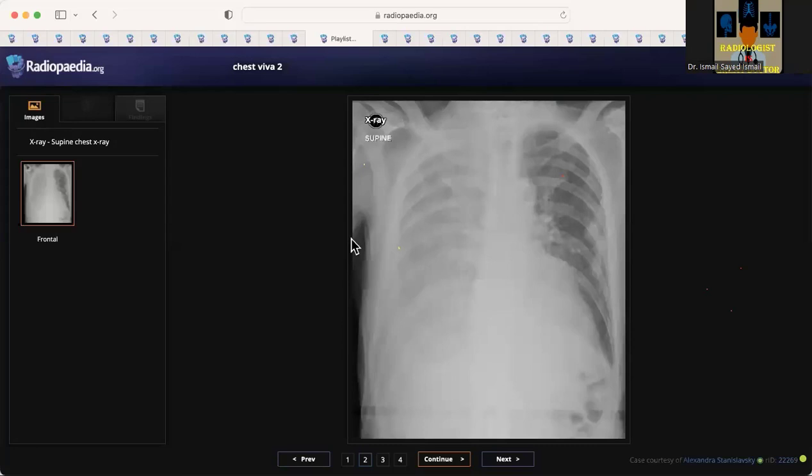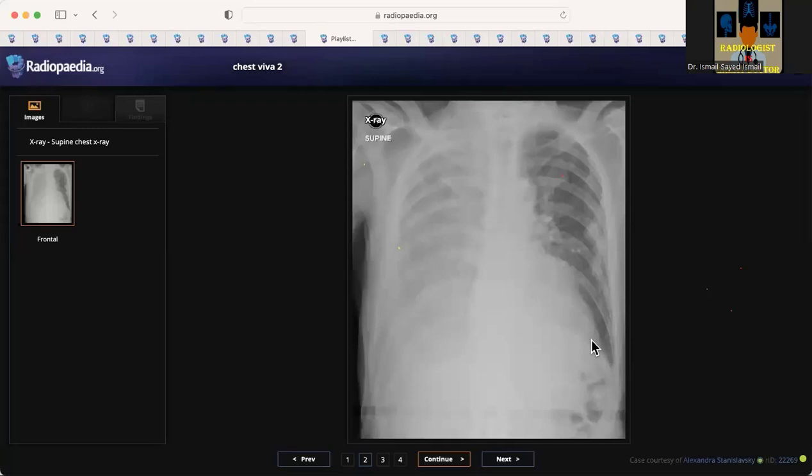Okay, if I tell you to look at the heart, is it shifted, or is it in the middle? I think there is a little bit of shift to the contralateral side. Does that make you revise your answer?